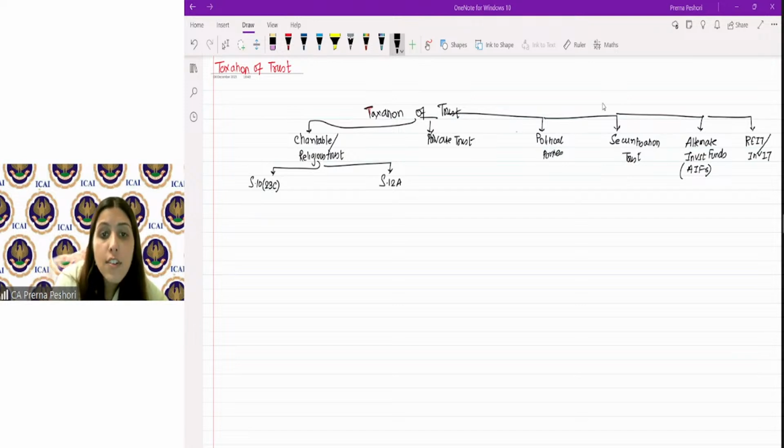Then if trust is not considered as a person, what is it considered like? How does the taxability work for that? Yes, students, how will the taxability work for the trust? Any answers, faster? How will we compute the taxability for the trust?